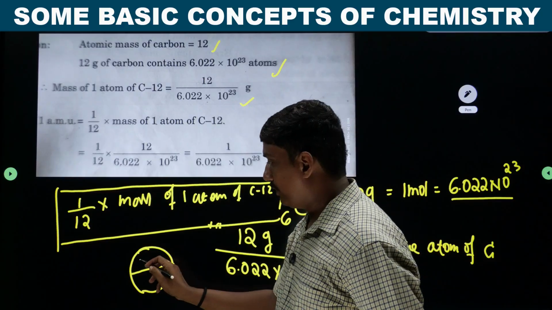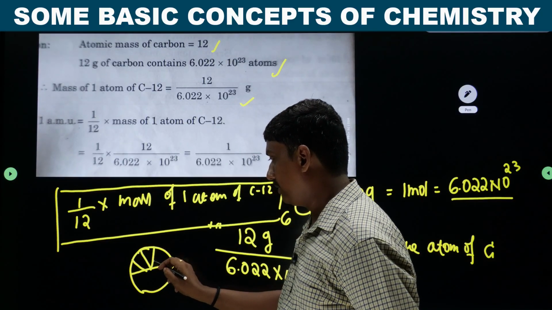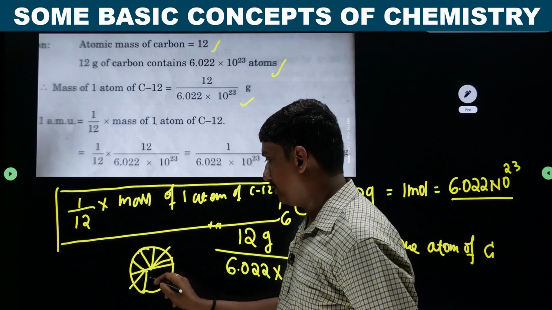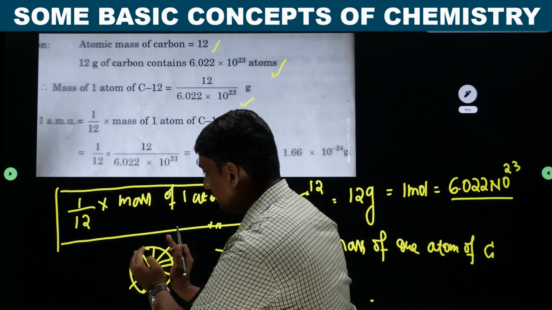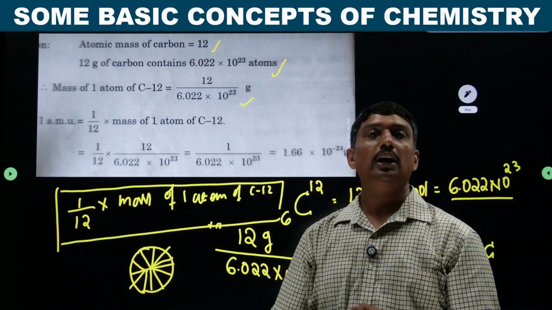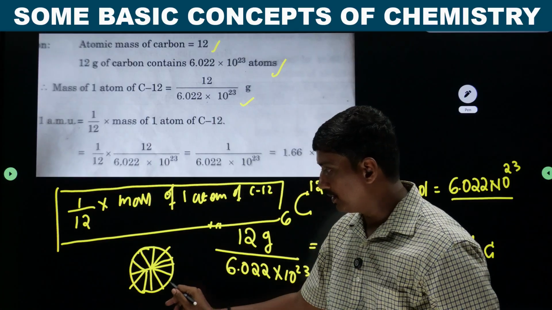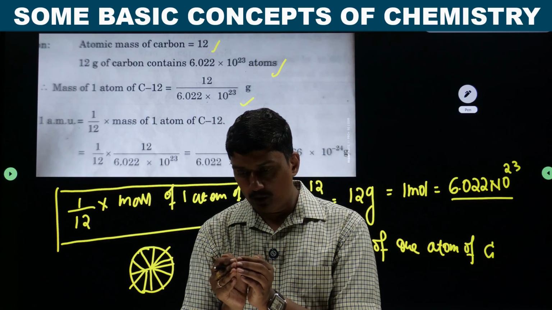In a carbon 12 isotope, we have 6 protons and 6 neutrons. Combining 6 protons and 6 neutrons makes the nucleus. So in total you have 12 parts. The entire mass is concentrated in 12 parts.